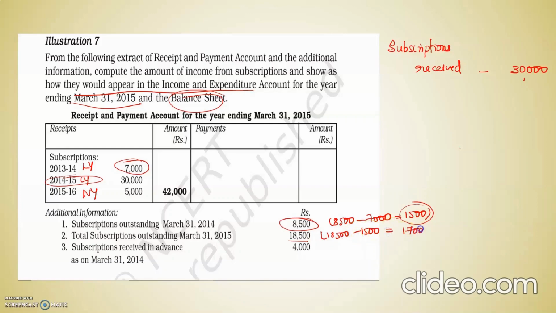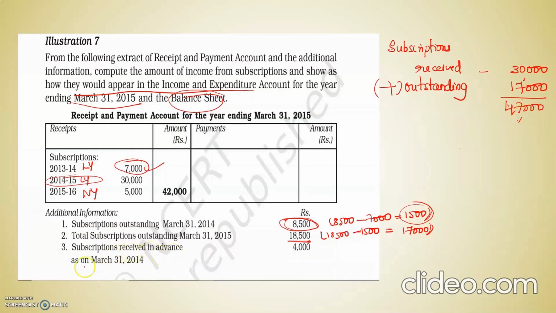That means outstanding related to the current year is only 17,000. So we have to add only 17,000 in the income and expenditure account, because information related to the current year only we have to take in the income and expenditure account. Add outstanding 17,000. Total 47,000. Go for the next adjustment.